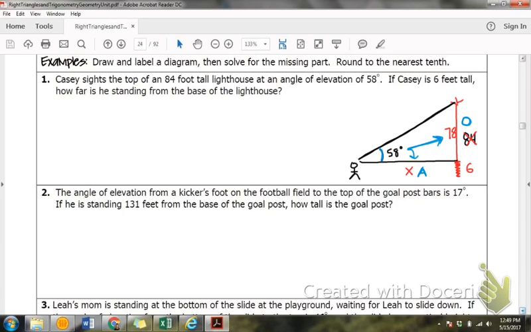So which trig function do I use if I have opposite and adjacent, Katie? Sine uses O and A? Oh, wait, no. Look at your little thing that you wrote down. Tangent. Okay, so we're going to use tangent. So I say tangent of 58 equals opposite over adjacent. And remember, when we use opposite, we're going to use the 78, not the 84, because we have to take into consideration his height.